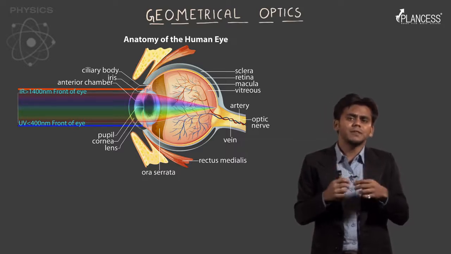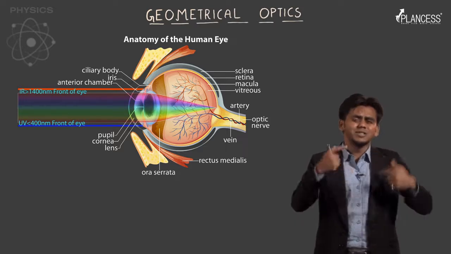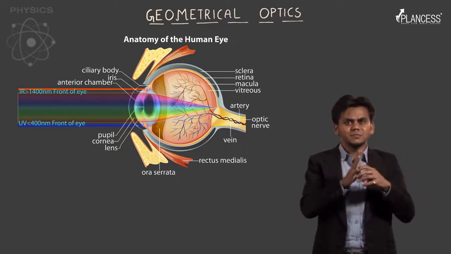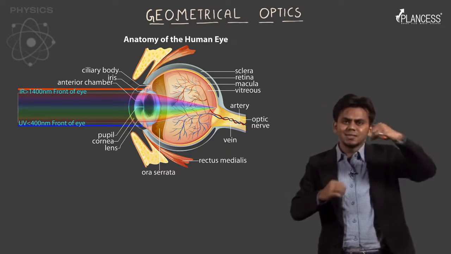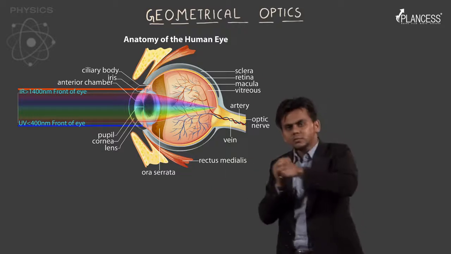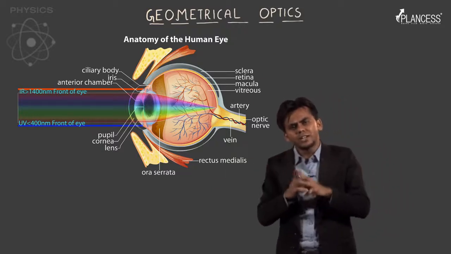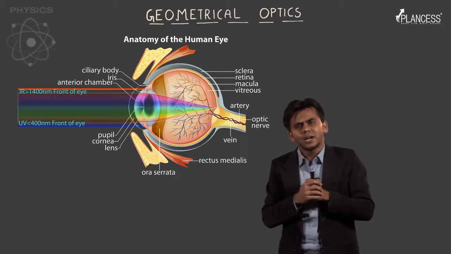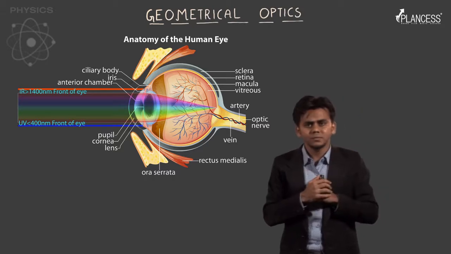By that I mean I'll have to decrease the radius of curvature, because radius of curvature is related to focal length in a similar sense. So if I strain my ciliary muscles, my lens would have a smaller focal length, and I can converge those rays to the retina.